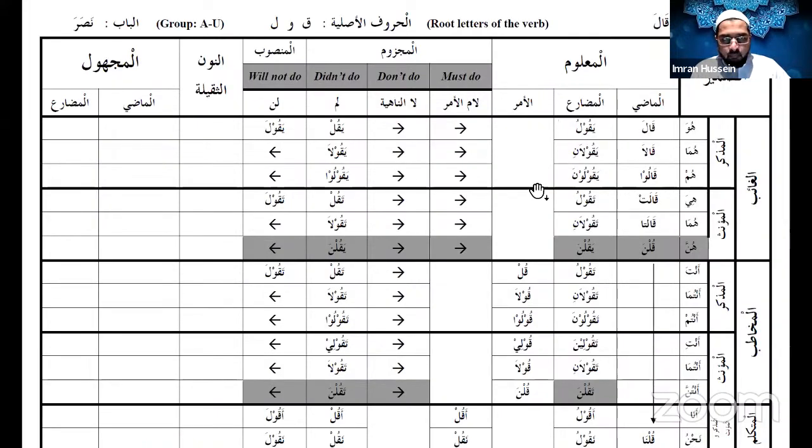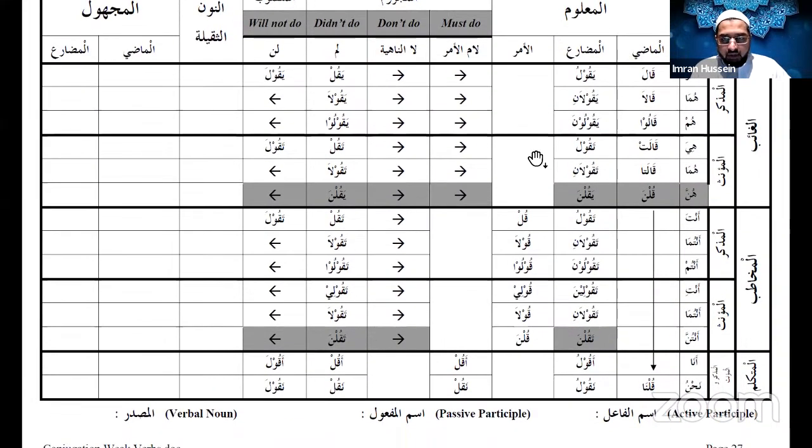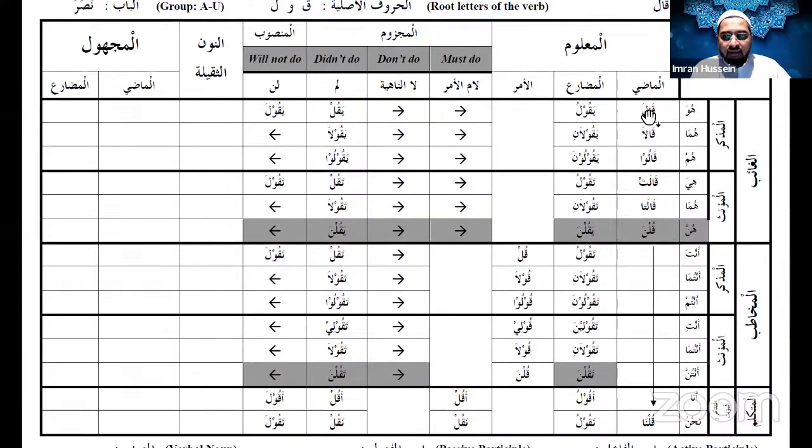Sister Parveen Naqvi. Now over here, originally the alif was a waw. It was qawala, on the pattern of fa'ala yaf'ulu, like nasara yansuru. So remember this point.